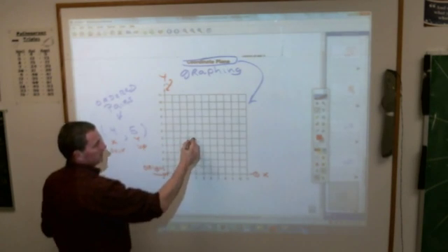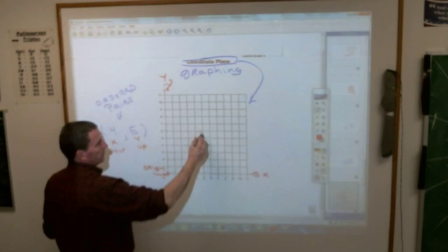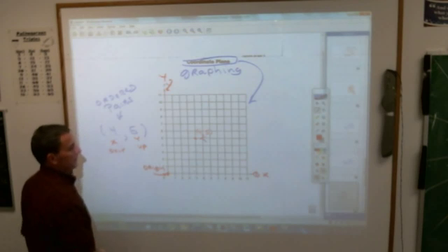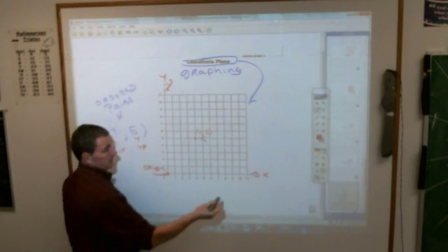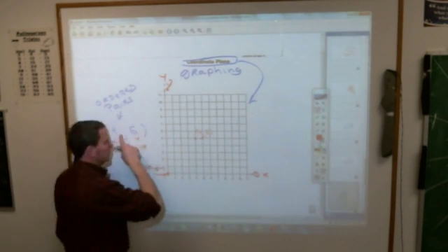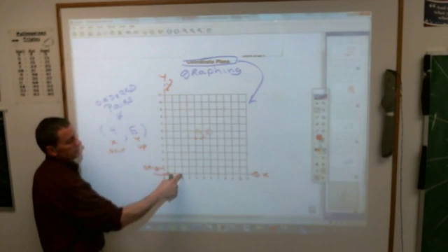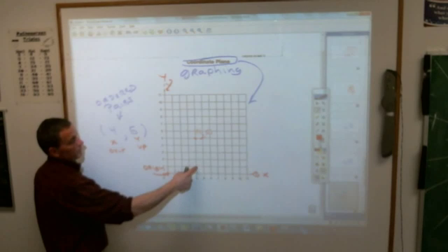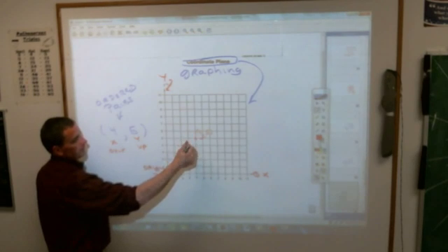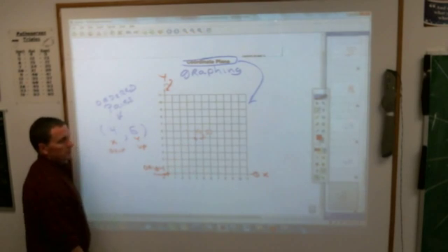That is the point 4, 5. Another way to think about it is you can start at the origin, go over 4 and up 5. Over 1, 2, 3, 4, up 1, 2, 3, 4, 5. Either way, it gets you to the same point. It's however you feel comfortable with it.